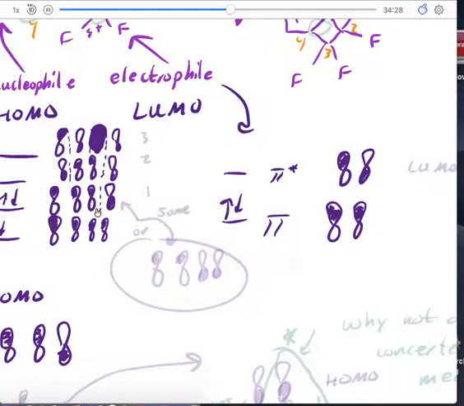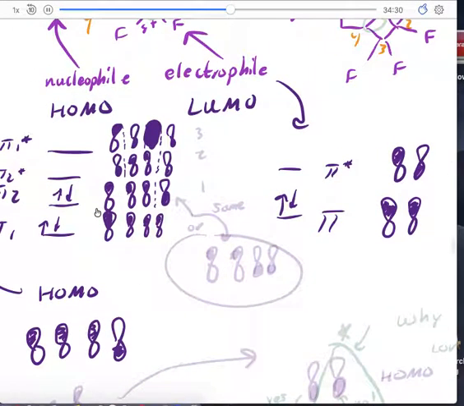It's because of the number of nodal planes as we increase. So this has 1 nodal plane. Yeah, you could do that. It's the same thing.